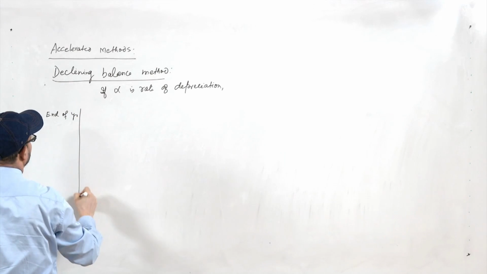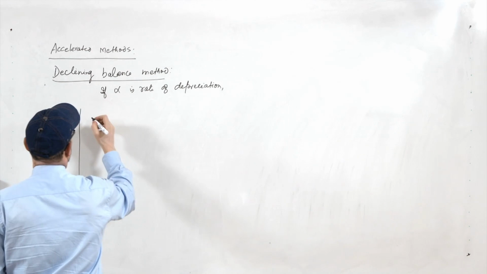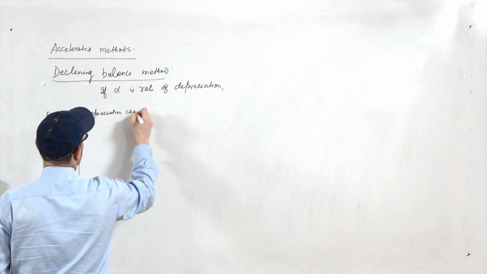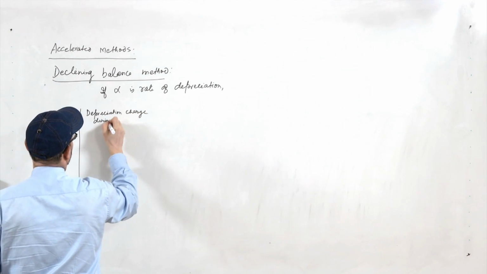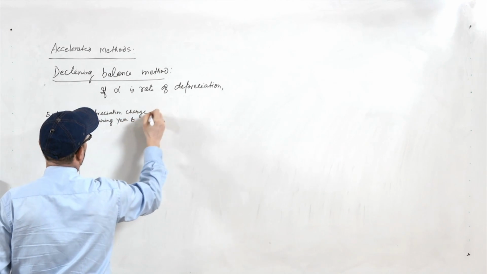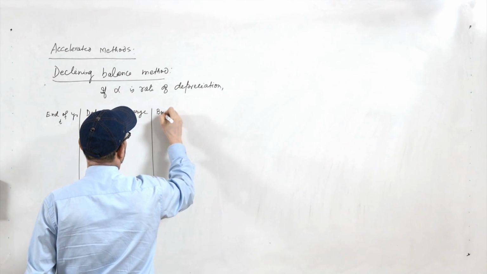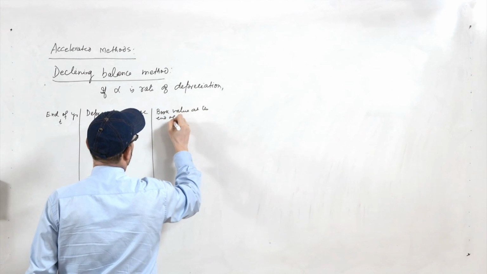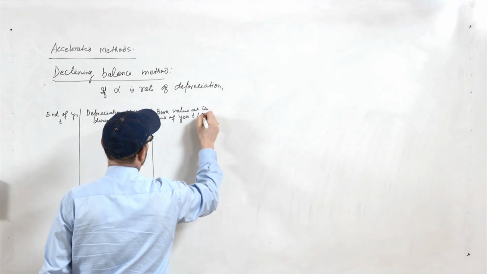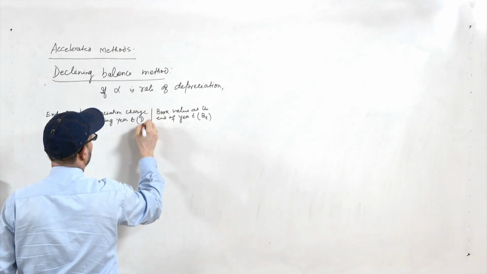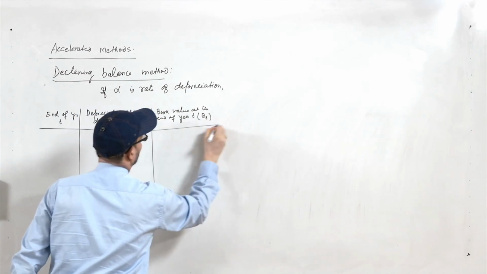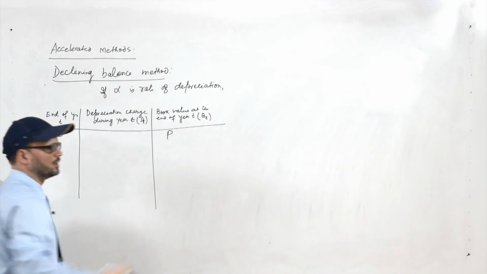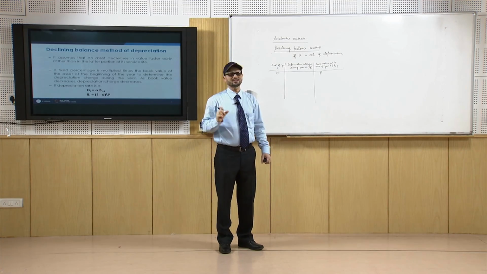End of year T, depreciation charge during year T, and book value at the end of year T, known as B_T, D_T, and T. In year 0 the value is P, the first cost of the asset.